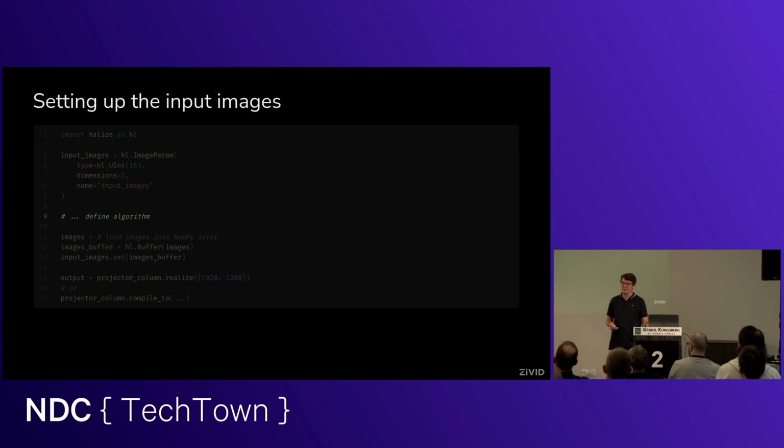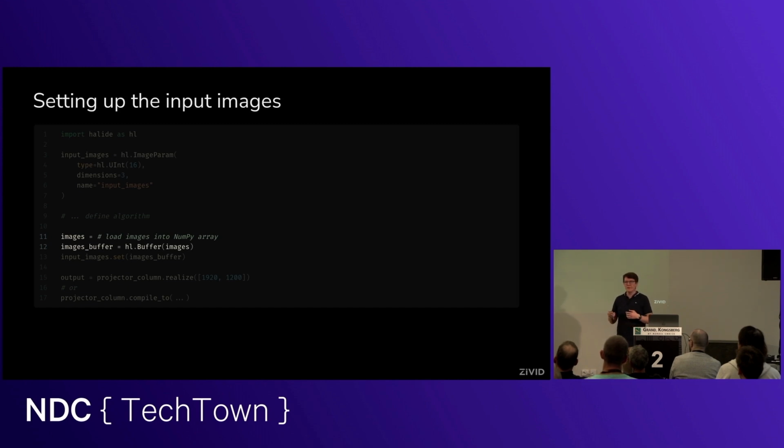Then in the next slides, we'll define the algorithm that I just talked about. And after defining that, we can decide to load our images whichever way we want. In Zivid, we read them from the camera. If you're working in Python, you can just load some PNGs from file and put them into a NumPy array and then pass that on to a Halide buffer.